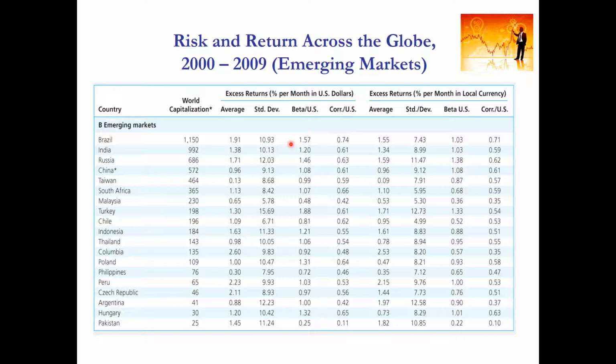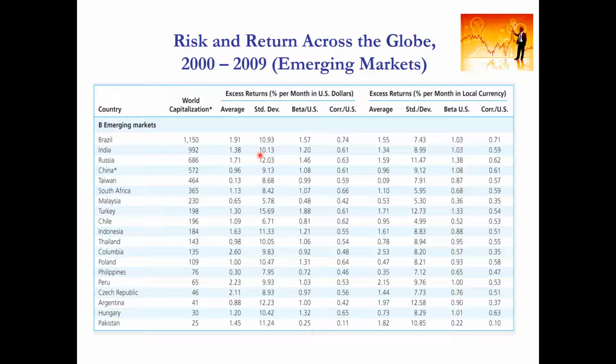Now we see a similar picture in emerging markets. However, particularly interesting is the contrasting risk and return characteristics across the developed markets with the risk and return characteristics across emerging markets. So in this slide, we again can see the average returns and standard deviation of the emerging markets for the same 10-year period.